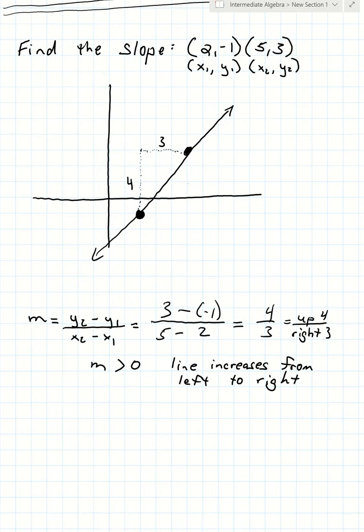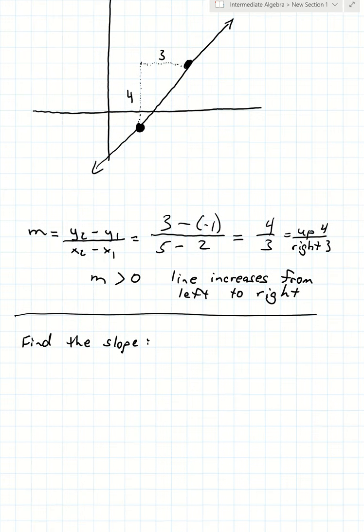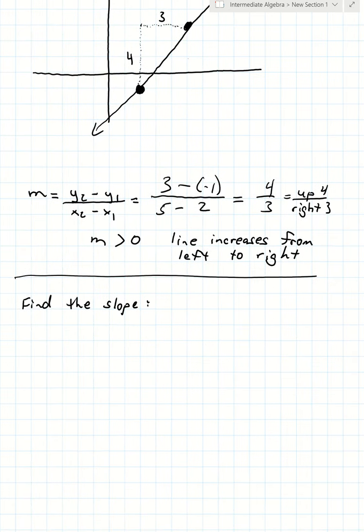Let's try another one. Once again, we are asked to find the slope. And we'll do a different set of ordered pairs. Hopefully I'll graph them correctly this time. Sorry about that. (-1, 2), and let's say (1, -3).